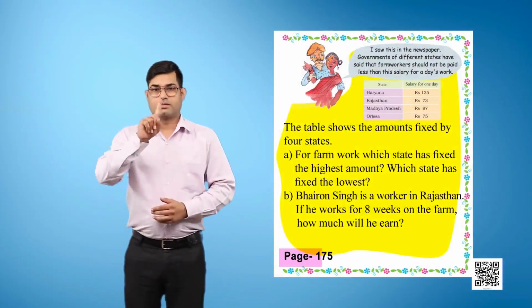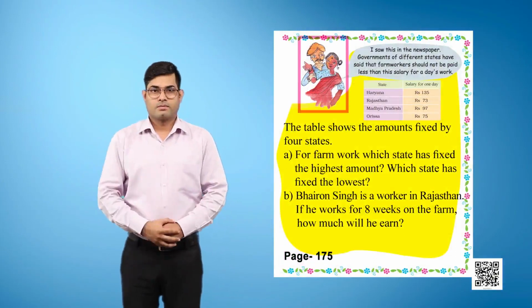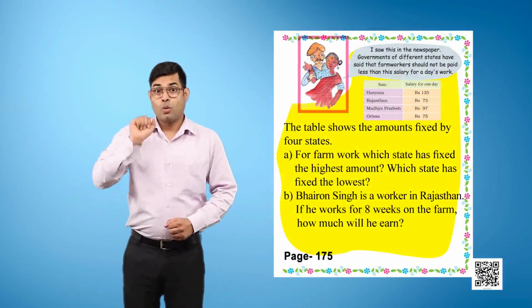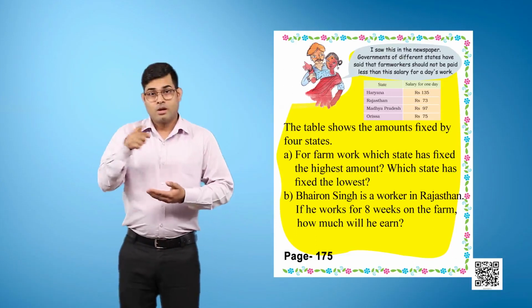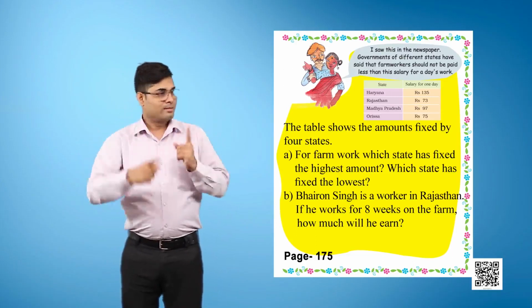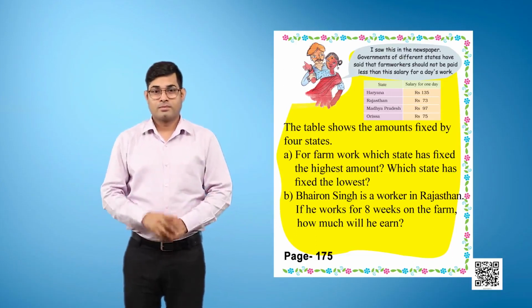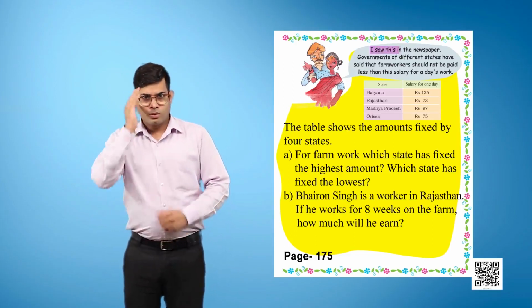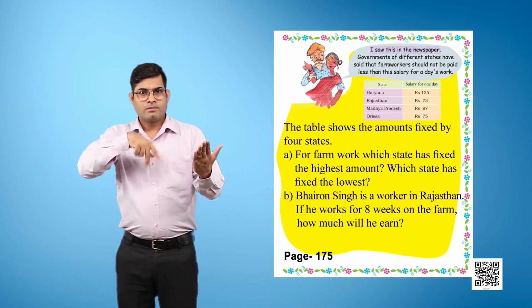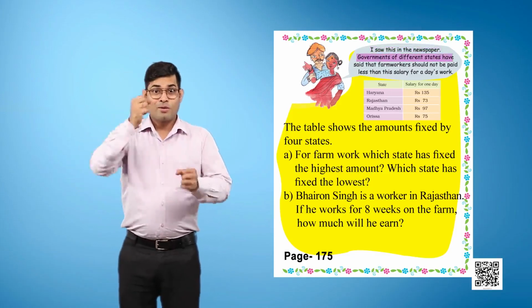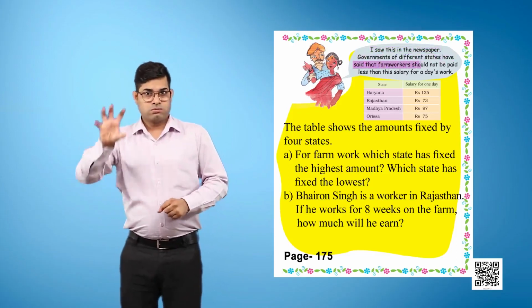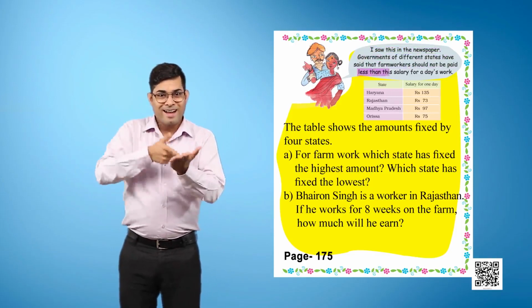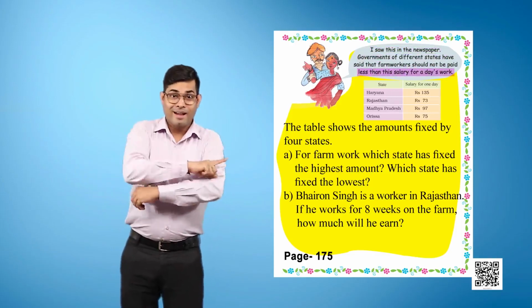Page 175. Tulsi is telling her husband in the picture, "I saw this in the newspaper. Governments of different states have said that farm workers should not be paid less than this salary for a day's work."